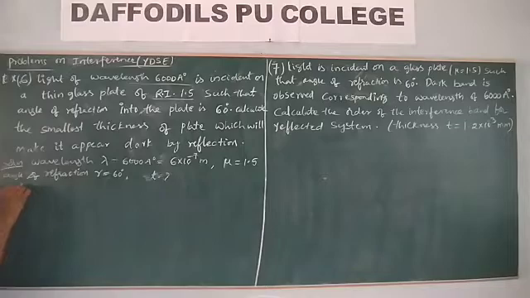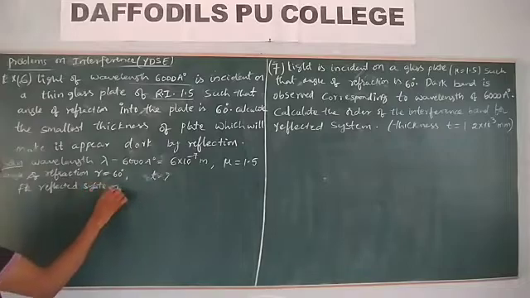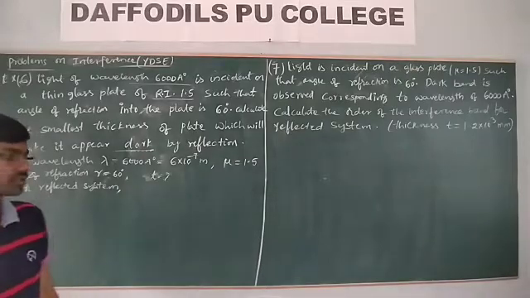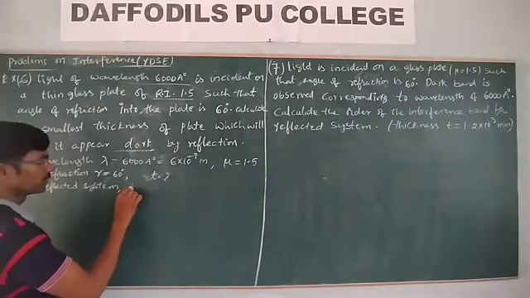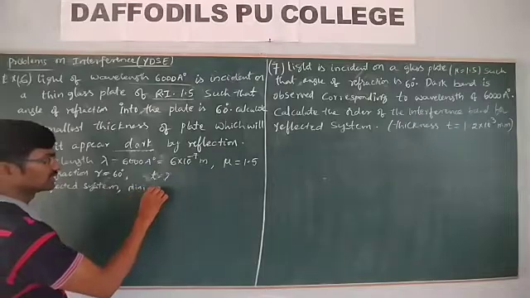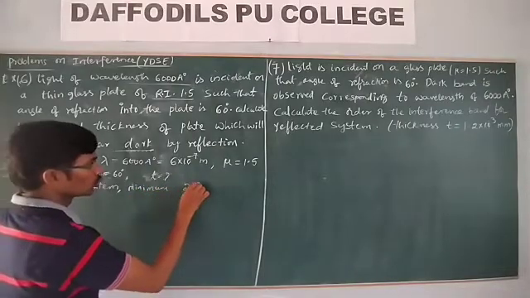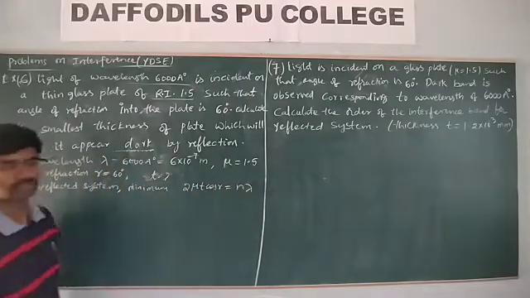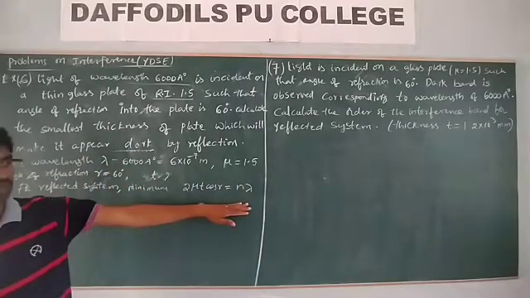Now tell me, for the reflected system, for dark fringes, what is the condition for path difference? For minimum or for dark fringes, remember 2 mu t cos r is equal to n lambda, that we have discussed last class.